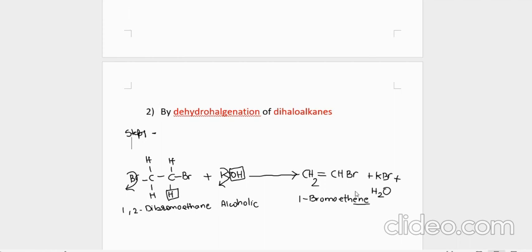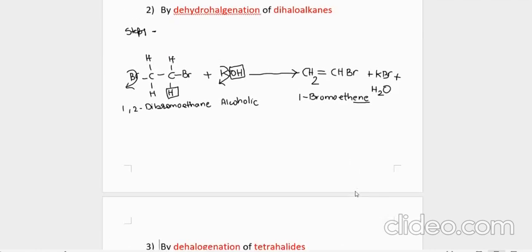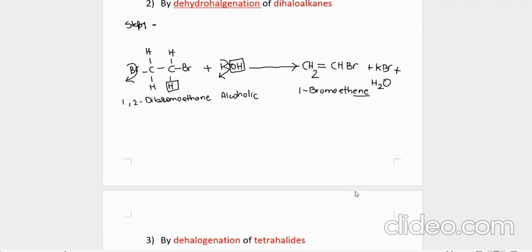Coming to step number 2. So in step number 2, we are going to take the product from step number 1, that is 1-bromoethene, that is CH2 double bond CHBr.